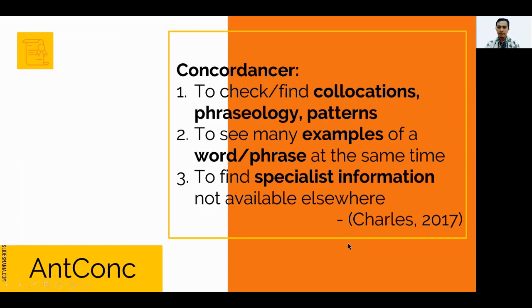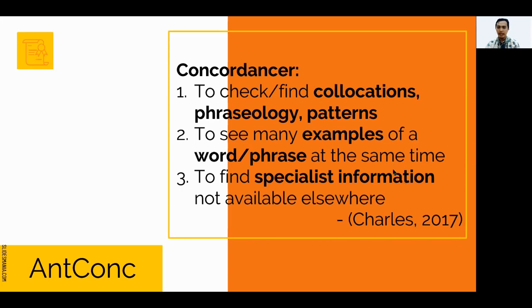Then the concordancer's function would be to check or find collocations, which you have seen in that demonstration, and then to find patterns from certain, for example, suffixes or prefixes, and to show examples of your findings in an easy way, because if you show it using examples like these findings, it is easier for you.